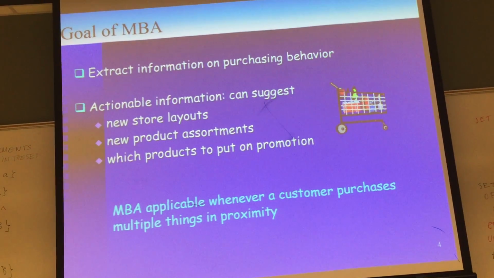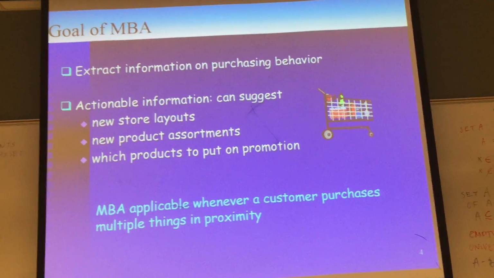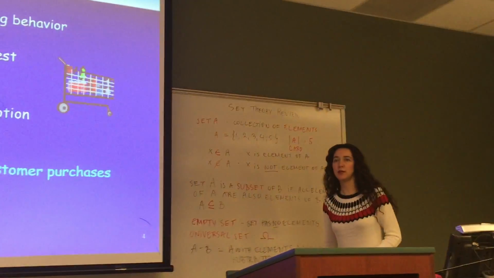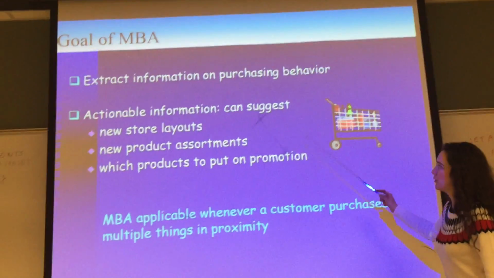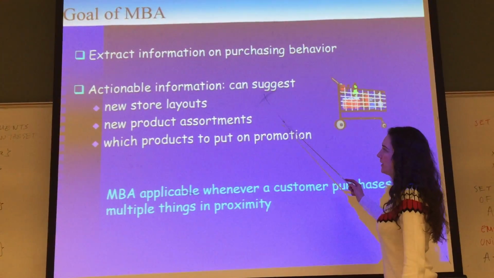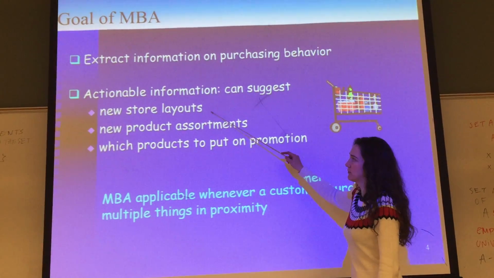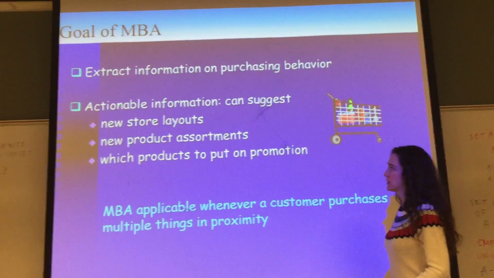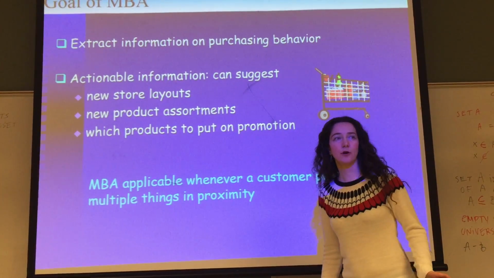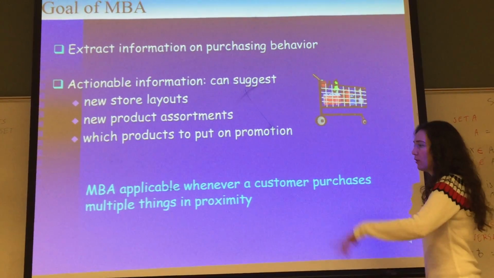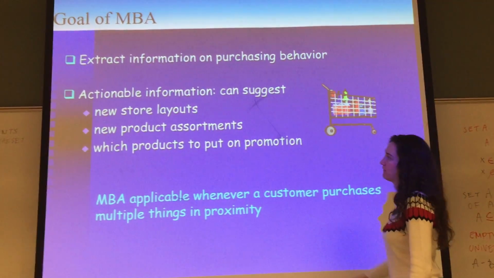The reason we would want to look for that is because hopefully the grocery store can use this information to do something to their advantage. They can arrange the items that are frequently purchased together next to each other so that we buy more stuff, or away from each other so that we walk more through the store to buy more stuff.